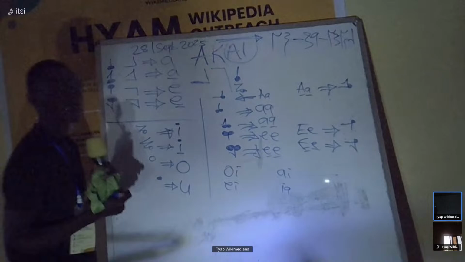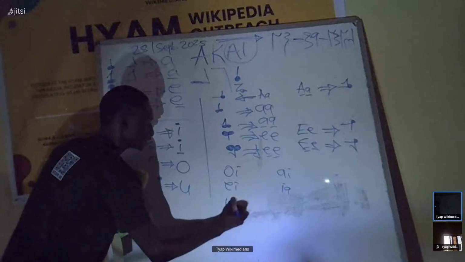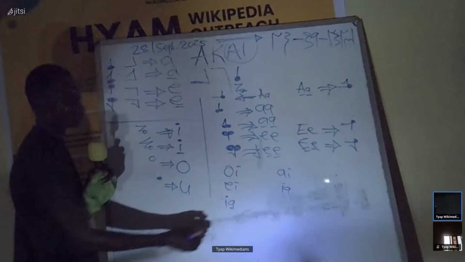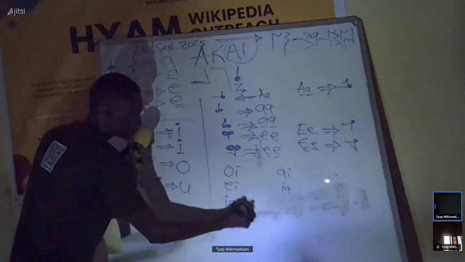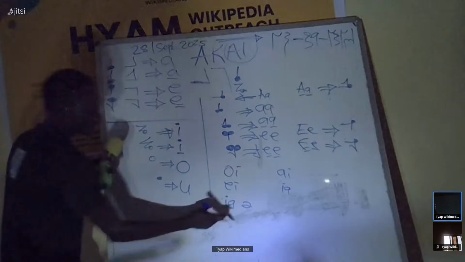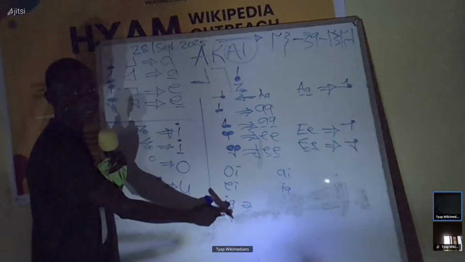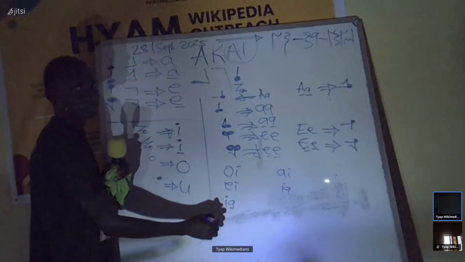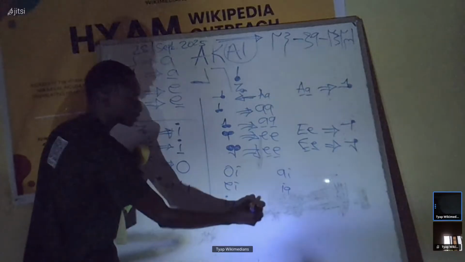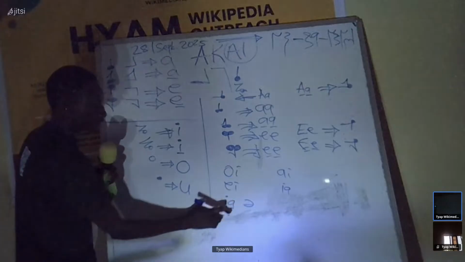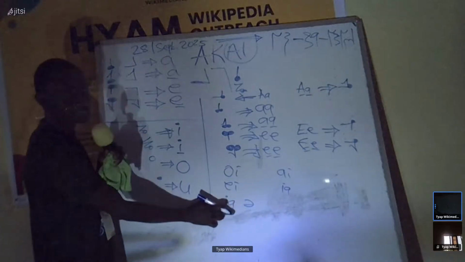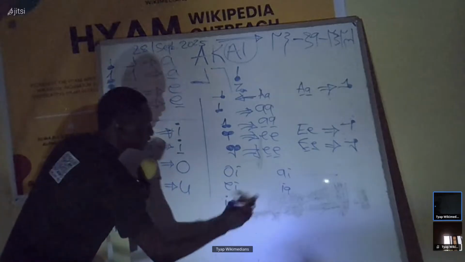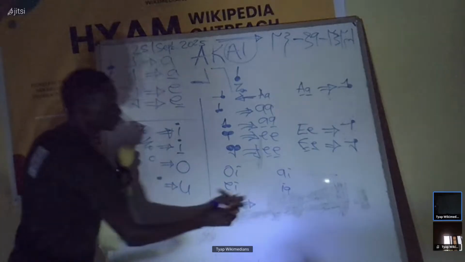This is the short sound, that's this one. Yeah, that's A on the line. This is the short sound they are talking about, right? But in the orthography, it's written A on the line. And this is how you write it using this script.